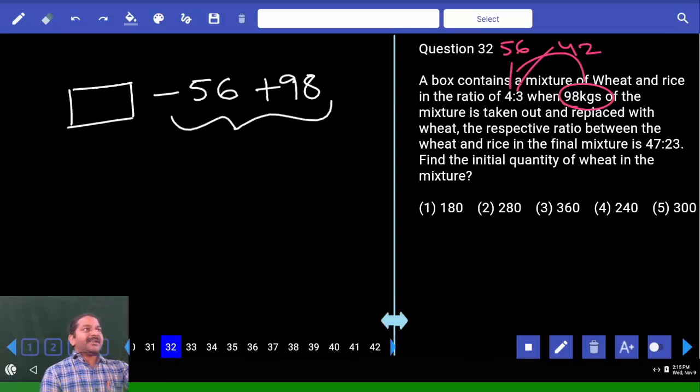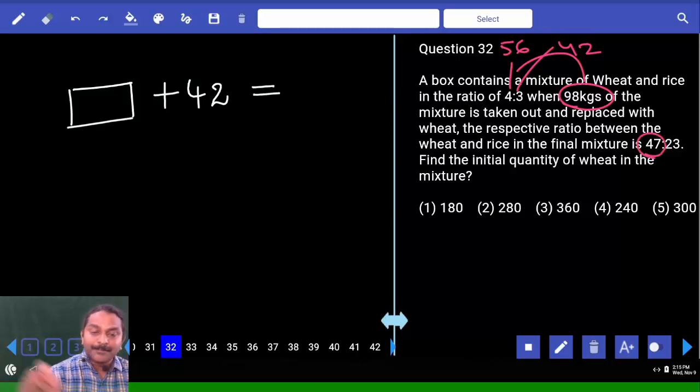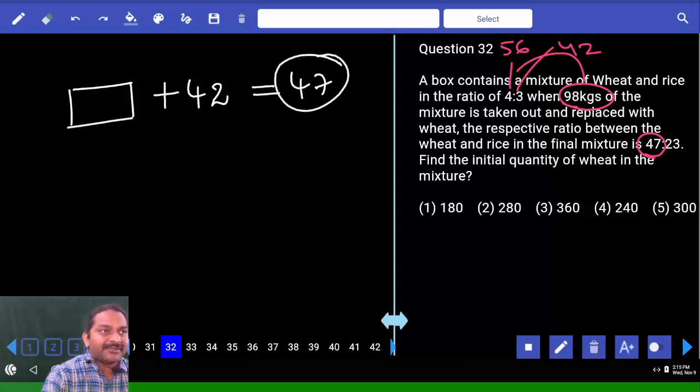Is the quantity of wheat increasing or decreasing? Increasing by 42. So to the initial quantity, we are adding 42 kgs of wheat. That's the final quantity of wheat, and it has to be how many parts? 47 parts. It should be a multiple of 47 only.